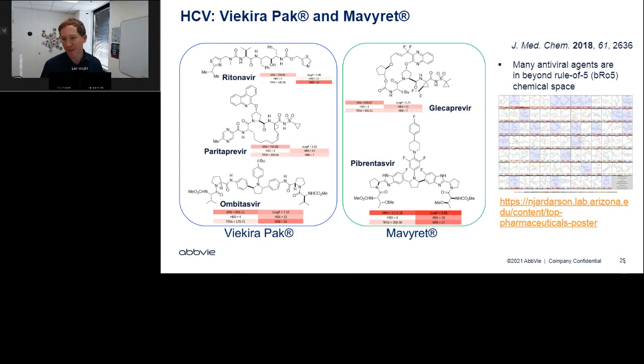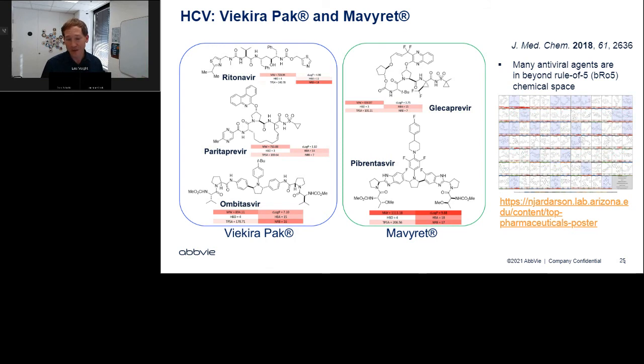And this one in particular, we thought it would be interesting to publish all of the beyond rule of 5 orally available drugs that have ever been discovered and created. Out of all of these, the ones in purple are antivirals. So many of the beyond rule of 5 orally available drugs are actually antivirals.